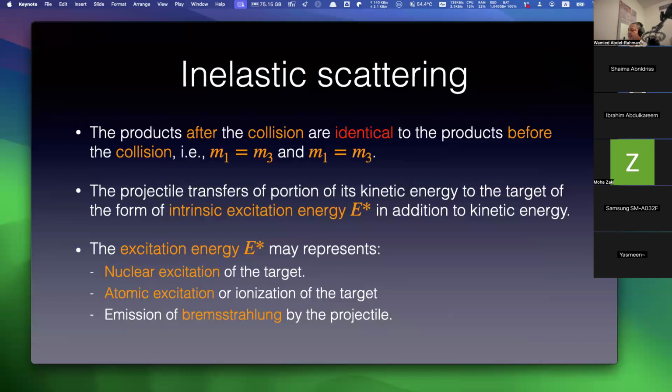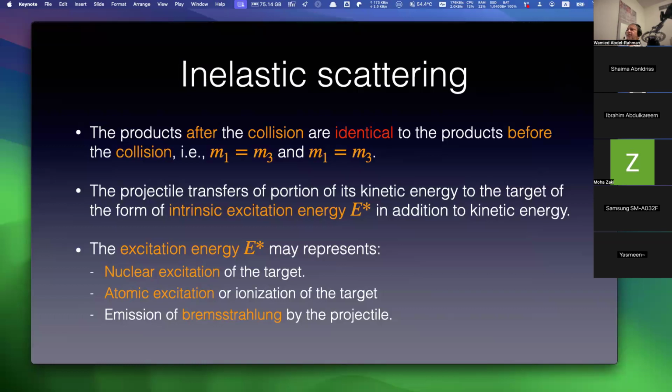It could also be presented as atomic excitation or ionization of the target. And most importantly for us is the emission of Bremsstrahlung by the projectile. So when an electron, for example, strikes a nucleus, it can undergo an inelastic scattering, where in this interaction the electron is going to lose some of its energy or all of it.